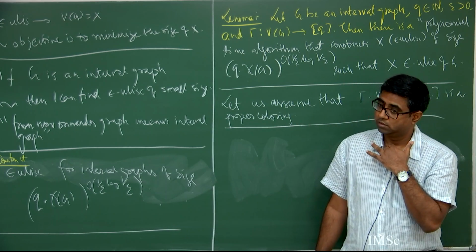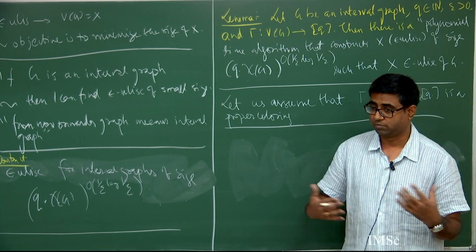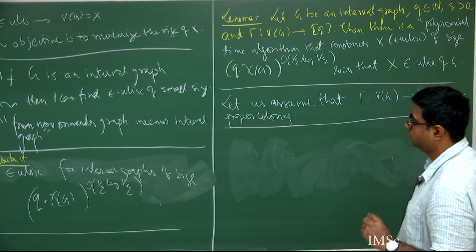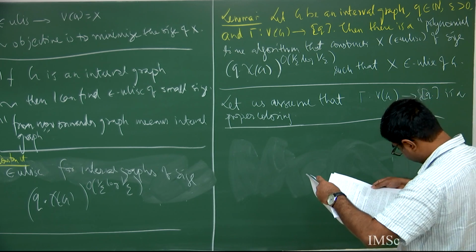But the problem is I may not have a multicolored independent set, and then I need to do something else to take care of everything else. To define everything, let me introduce a couple of terminologies which are not very hard, but will tell you what kind of objects we are dealing with.